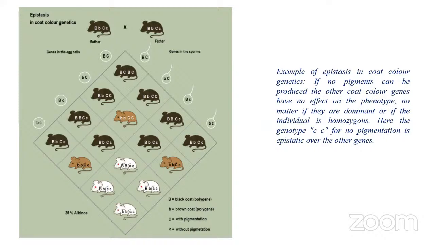In log phase, or the exponential phase, the number of living bacterial cells increases exponentially. In stationary phase, the number of living bacterial cells doesn't increase. In death phase, the number of living bacterial cells starts to decrease.